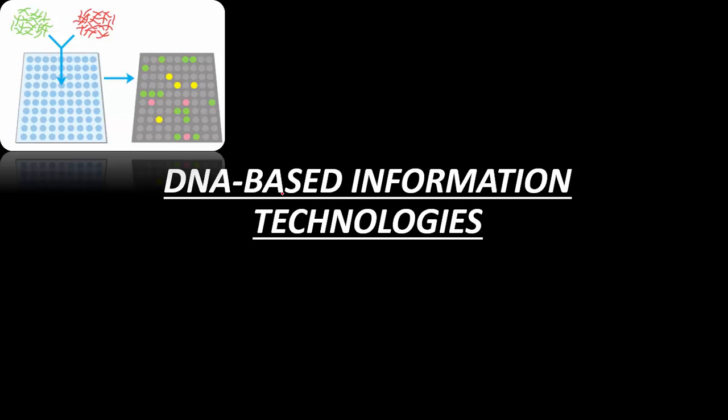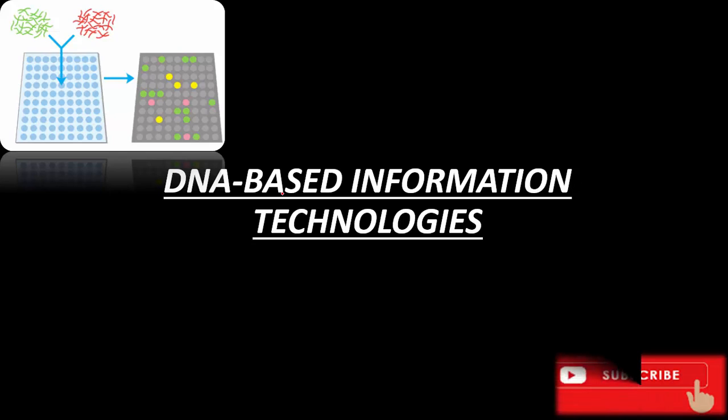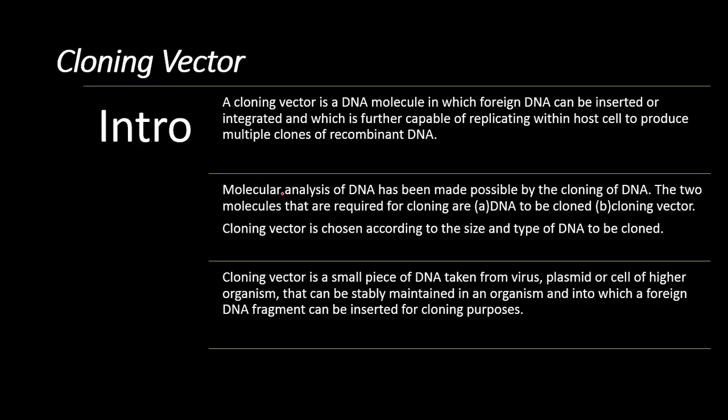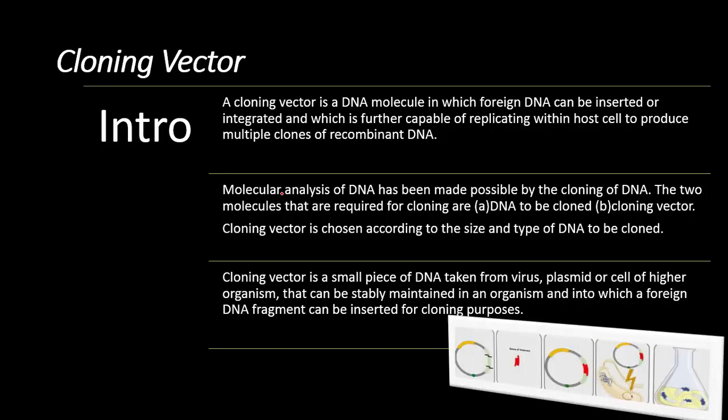In DNA-based information technologies today, we will discuss cloning vectors. So, what is a cloning vector? Why are cloning vectors important in molecular biology? Cloning vectors are used to deliver recombinant DNA in clonable form to a host cell and for its subsequent amplification in the host cell.